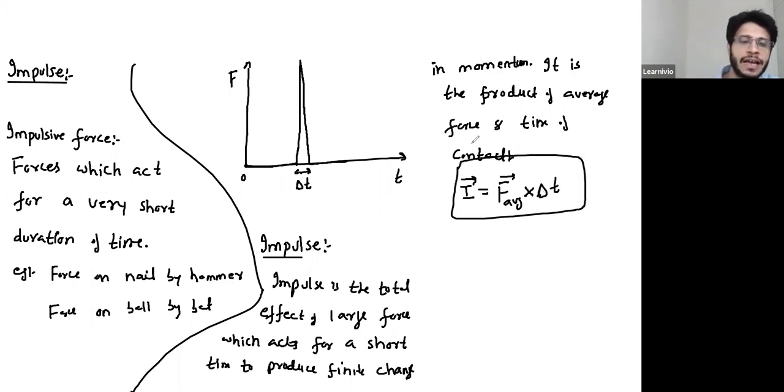Delta T is the time interval for which both the bodies were in contact. Delta T is the time of contact. Next, you can write your average force in terms of momentum.